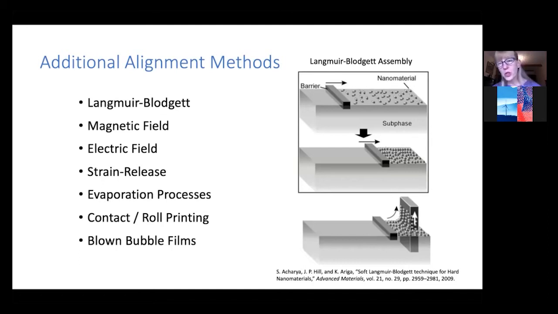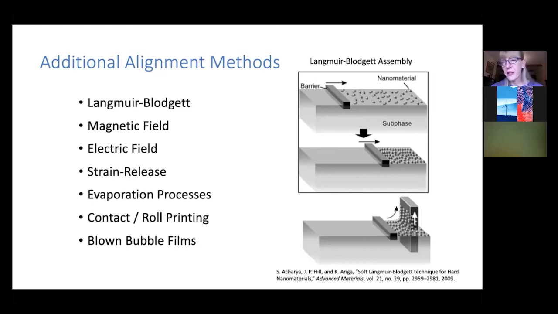So the image on the right shows a barrier, and it's then moved to concentrate the nanostructures. And then again, in this process, a substrate is moved upward, picking up the small scale structures and producing a film.